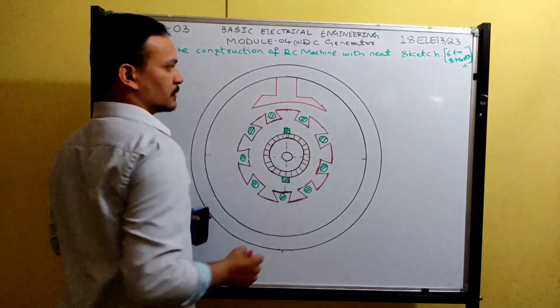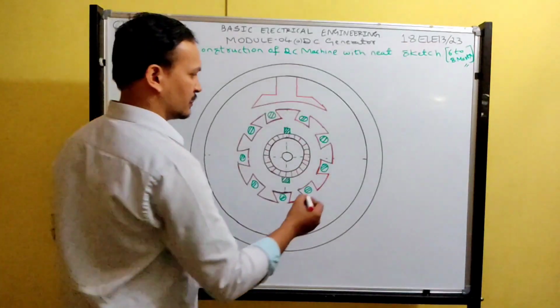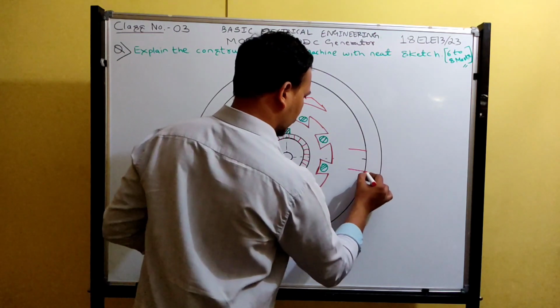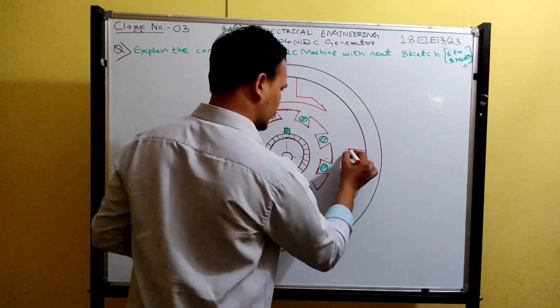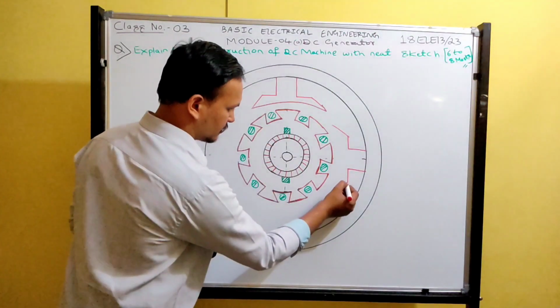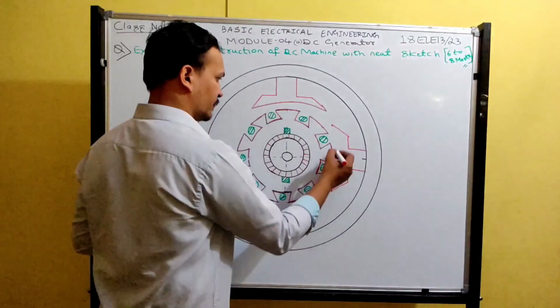Like that you draw all the four sides. Vertical line, vertical line, extend these lines, draw a sloping line and join these two tips.